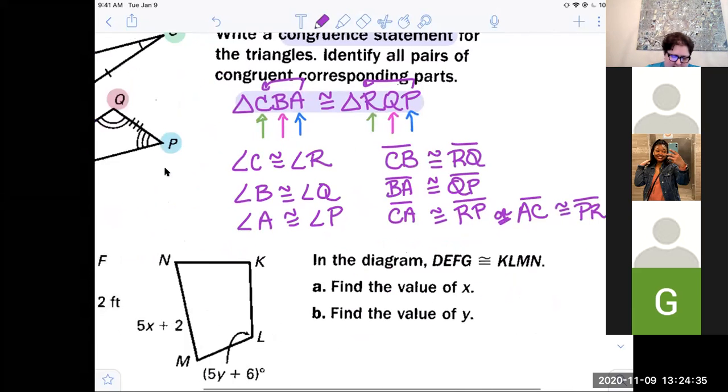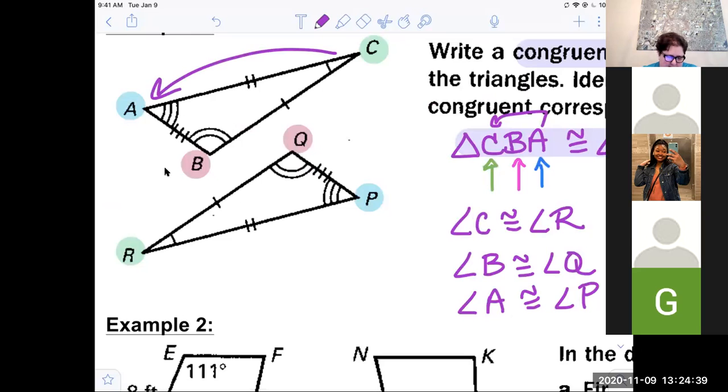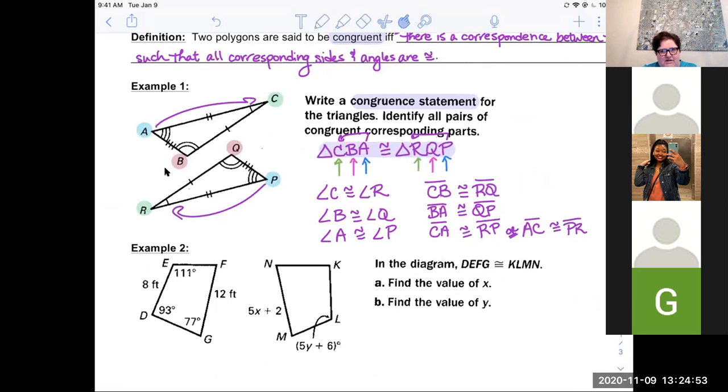So again, I can look at it and say CA, for example, goes from the single to the triple marked, and then that would have to be R to P. So green to blue, and then green to blue. If you decide to go the other way around, from blue to green, then you have to go blue to green. So everything about congruence means that you've got to match the vertices up.